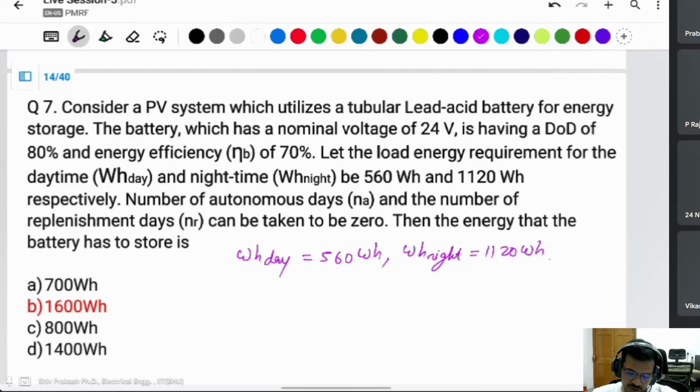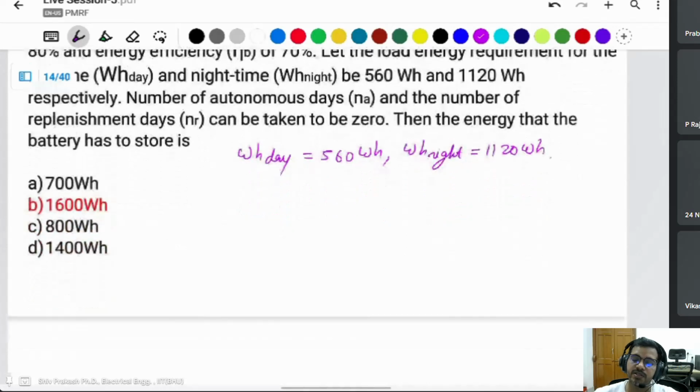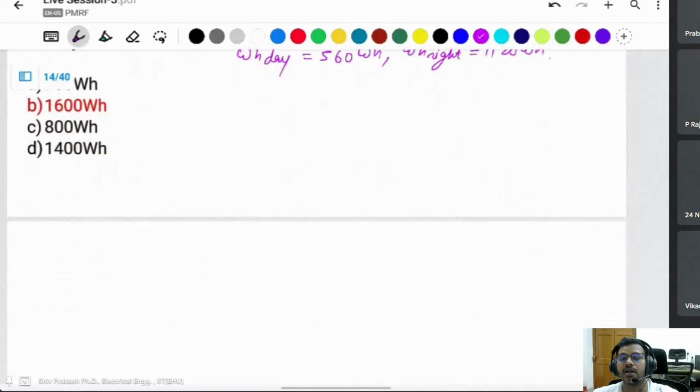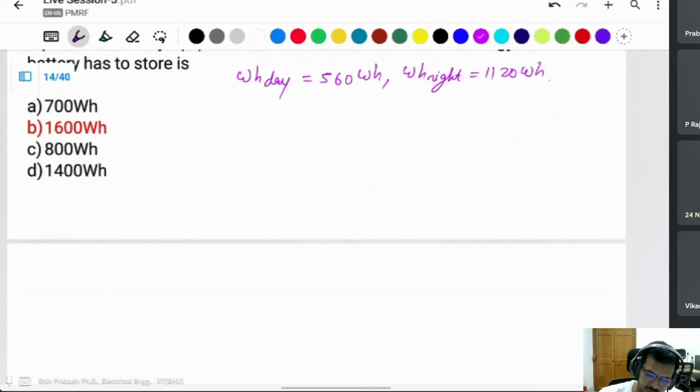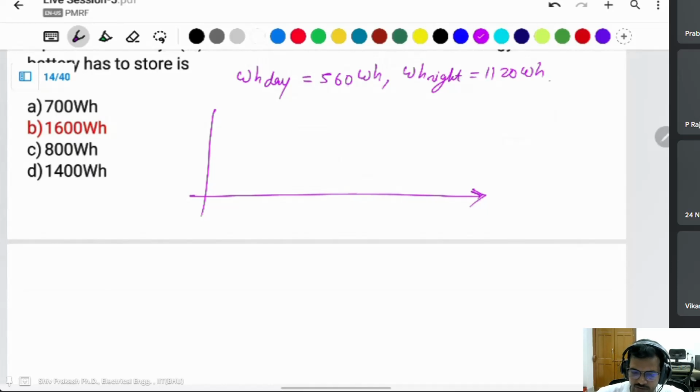What is an autonomous day? It means how many days of cloudy season there are in the area where the PV panel is placed. Suppose in a month there are 30 days.